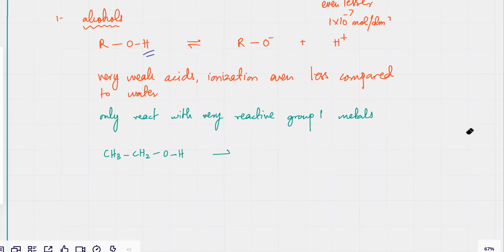If you react it with sodium, a very reactive group 1 metal, a salt would be produced. The H would be lost. It's going to produce CH3CH2O minus, and here it's going to be Na plus. So this is what would happen.